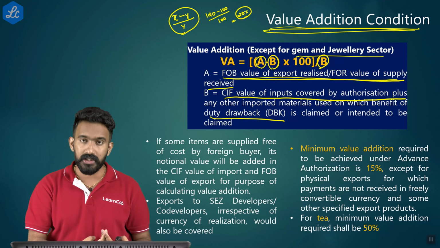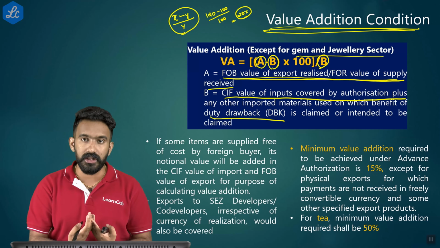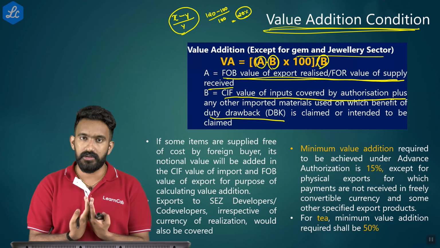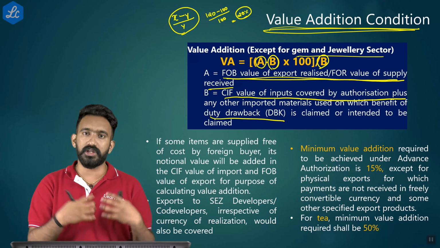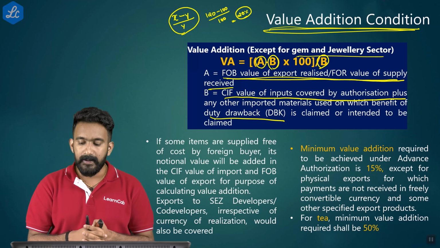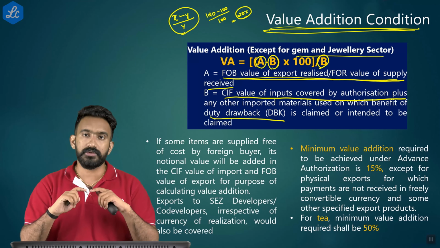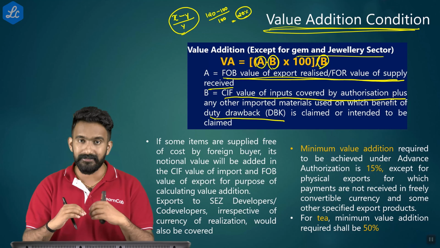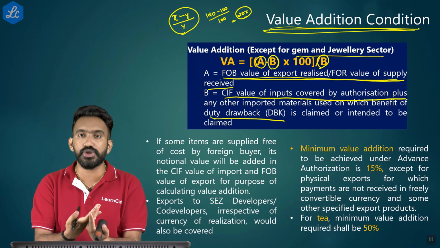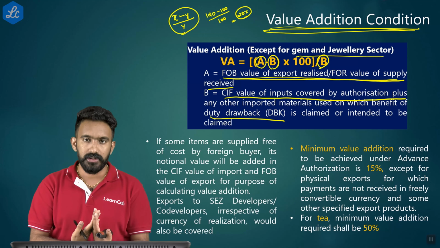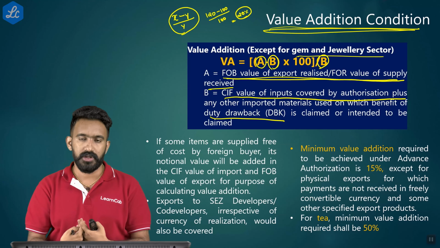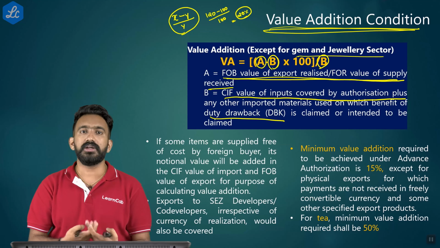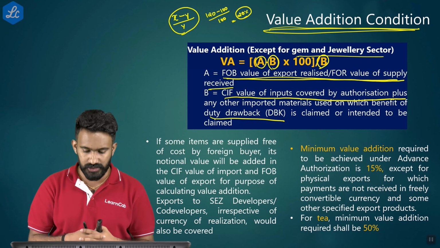That also you have to add. If at all you're paying duty, I'll give you a duty drawback. So these two things, if you add, and if at all you have to get the benefit of advance authorization, you should have made a 15% value addition on that particular goods. Otherwise, there is no point in giving you an advance authorization.